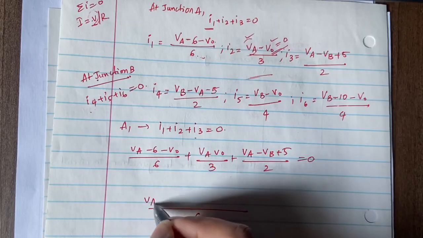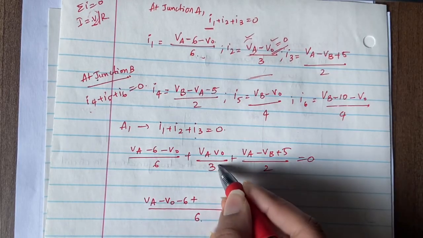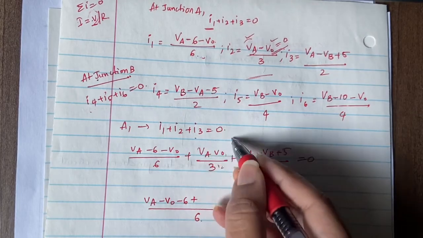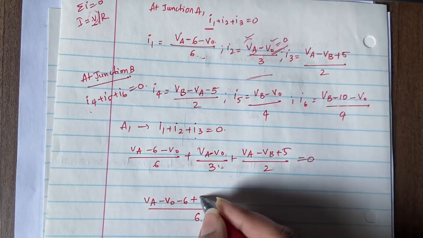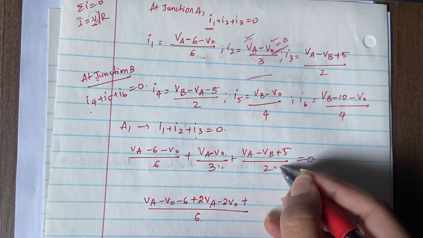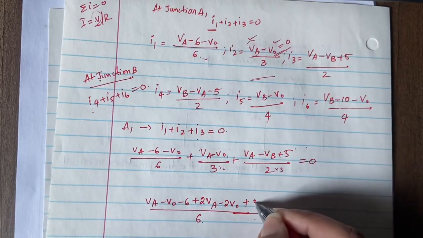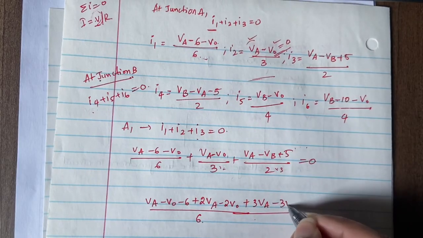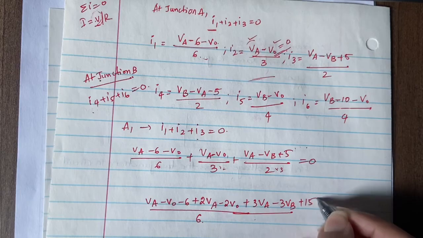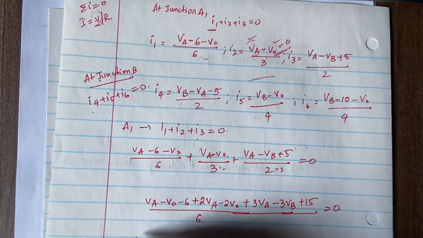Here VA minus V0 minus 6, plus 3 times 2 is 6. So this times also 2 you have to do, right? So 2 VA minus 2 V0 plus 2 times 3. So this times also 3 you have to do, which means 3 VA minus 3 VB plus 15 is equal to 0.